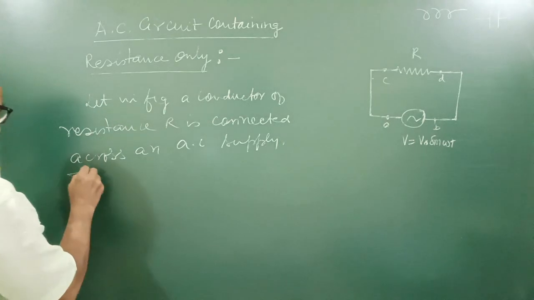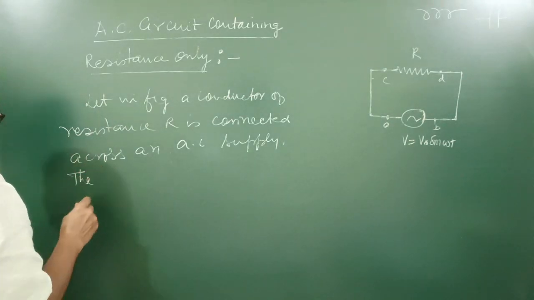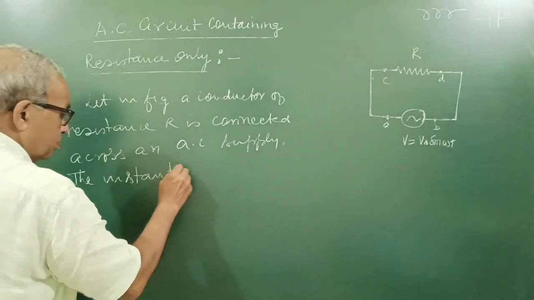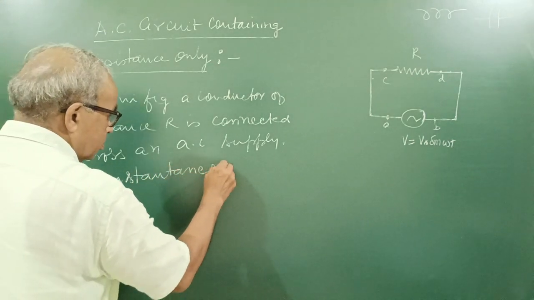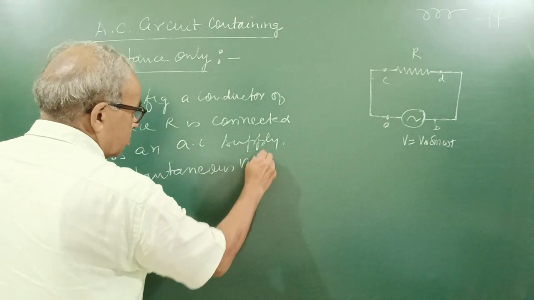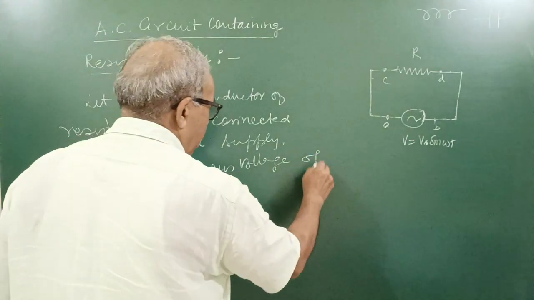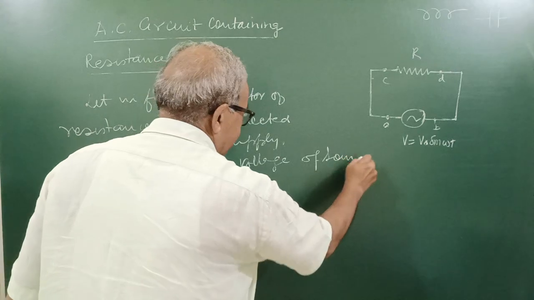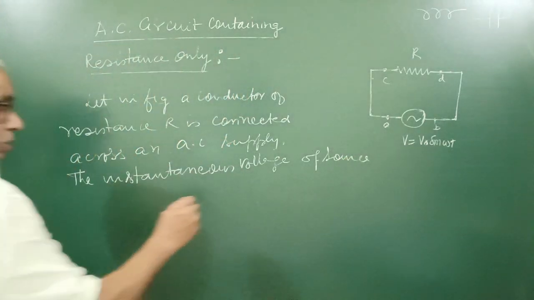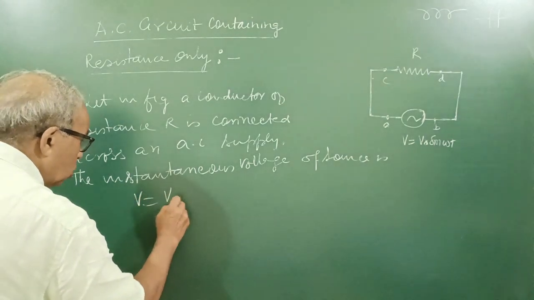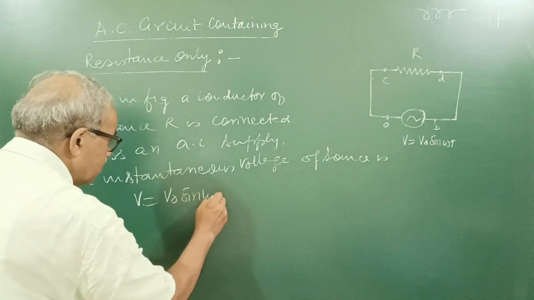The instantaneous voltage of the source is V equal to V0 sine omega t.